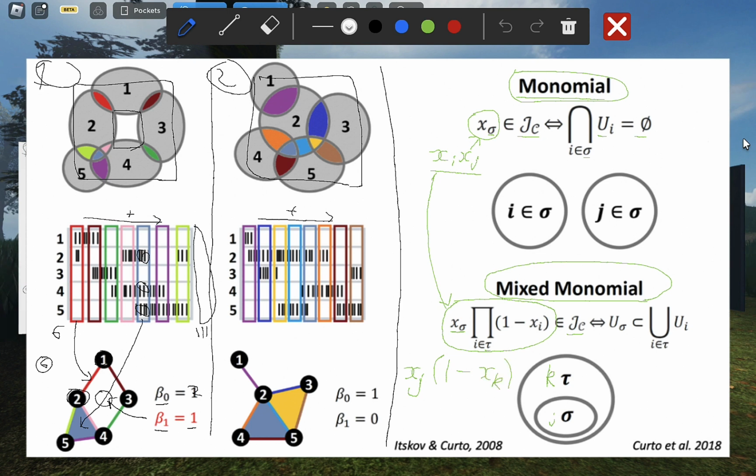So this relationship means that whenever sigma, or in this case J, is active, K is necessarily active as well.